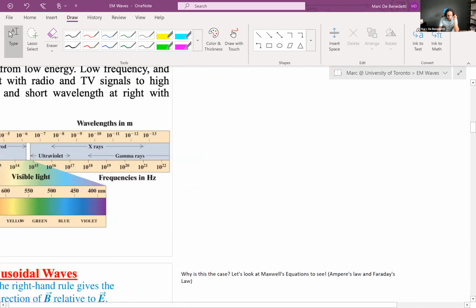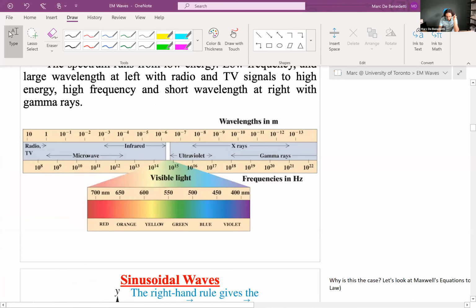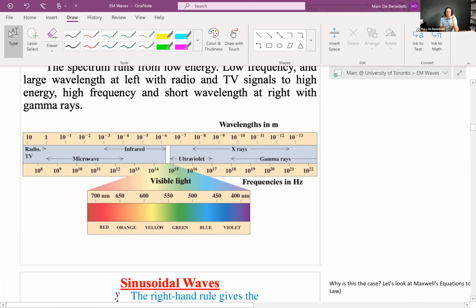So here's the electromagnetic spectrum. Visible light is, as you can see, a very, very small sliver of the electromagnetic spectrum. We can talk about it either in terms of wavelength or frequencies.